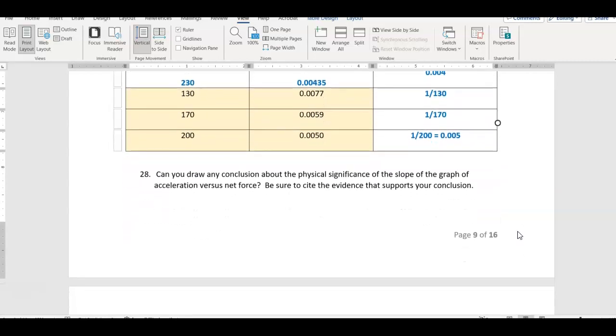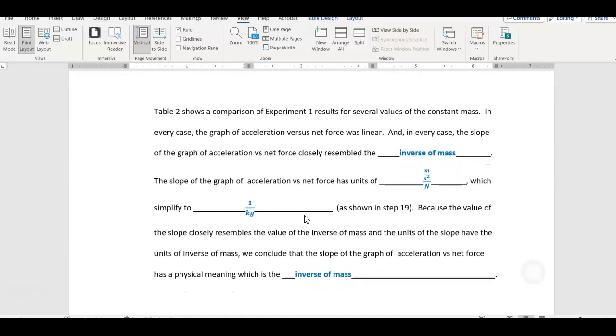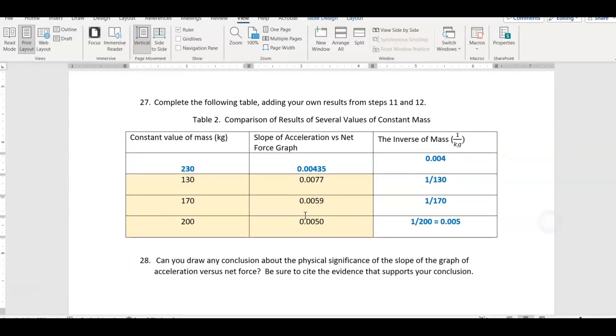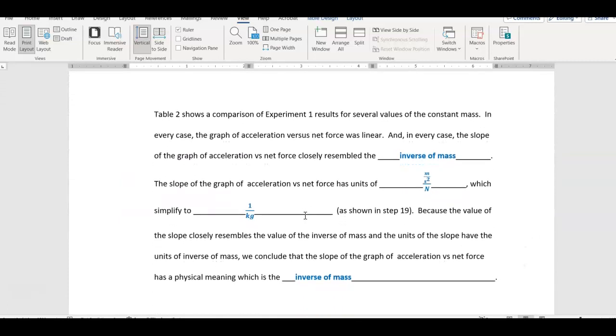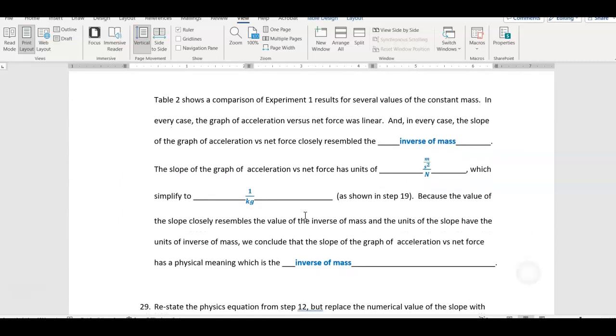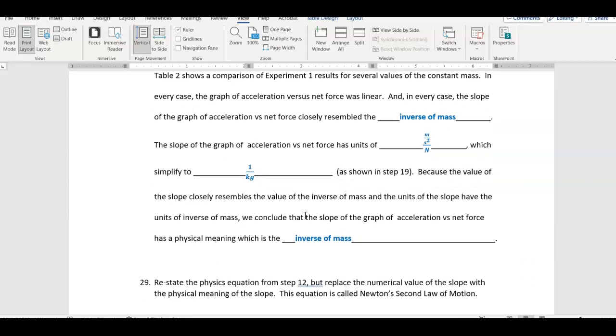And so step 28 says, can we draw a conclusion about what that slope means? And yes, we can. Because in every one of these cases, in this table too, the slope of the graph of acceleration versus net force equaled the inverse of the mass.